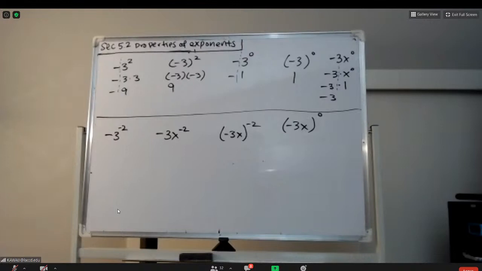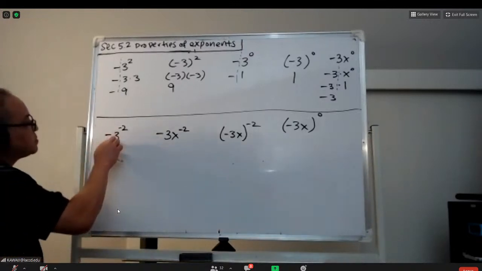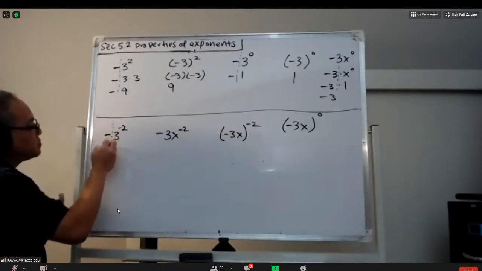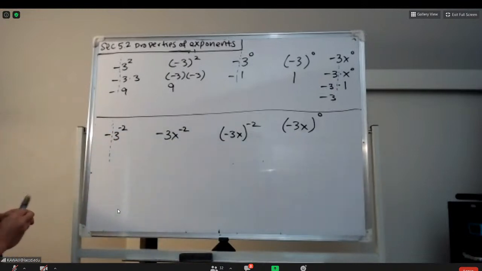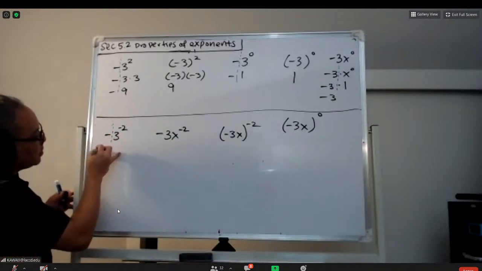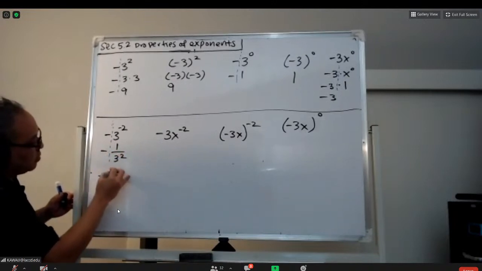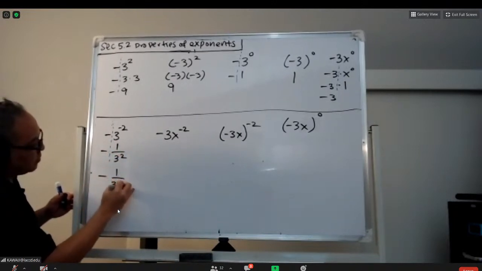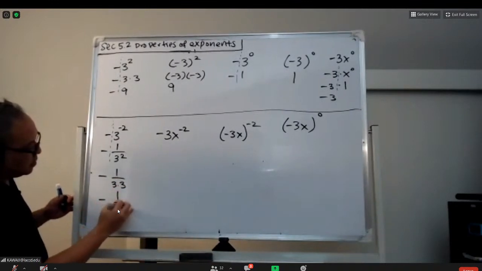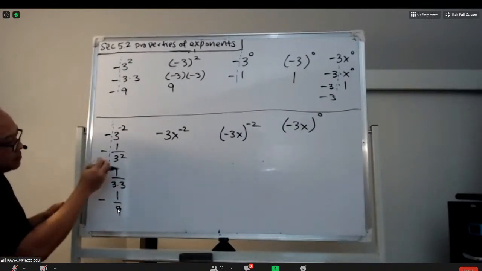Okay. Now you work down this one. So this looks like 1/3 squared, 1/3 times 3. That's -1/9.